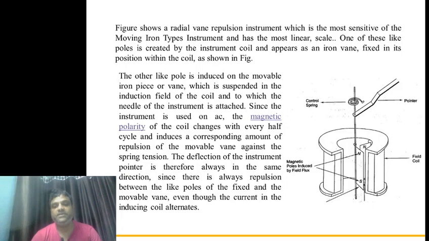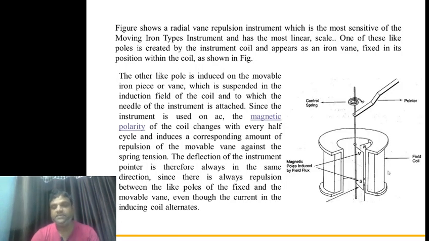Magnetic poles are induced by the flux field, and this is the field coil. See here, there is one magnet connected to this control spring and this pointer. It means this N and S pole is free to move in the air gap present between the field.